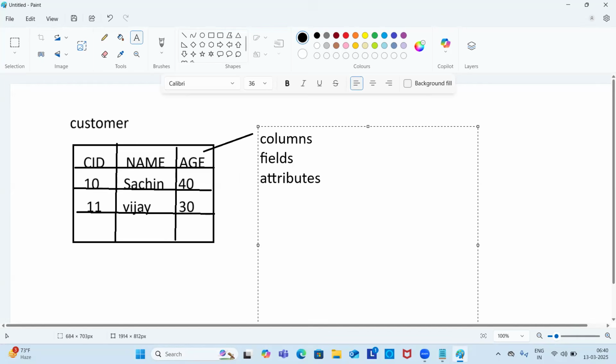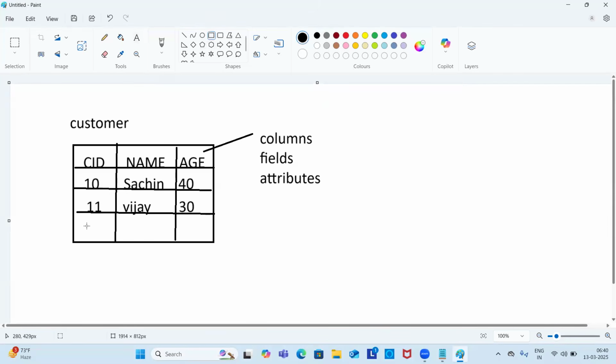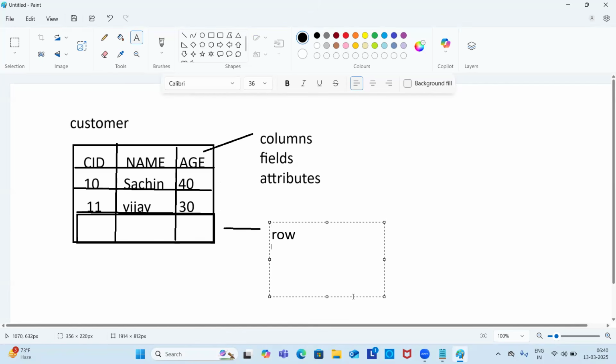And what is this horizontal called? This is called a row, or you can say a record, or a tuple. So the verticals are called columns, fields, or attributes, and the horizontal is called a row, record, or tuple. The table contains rows and columns.